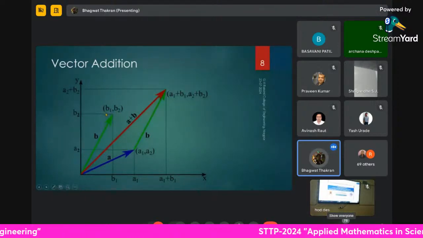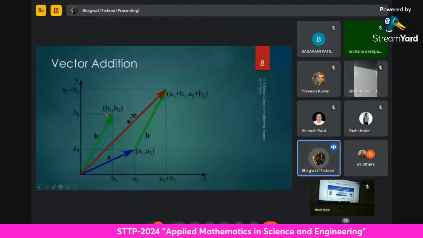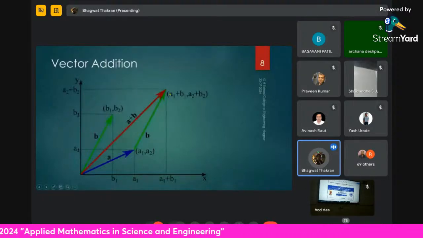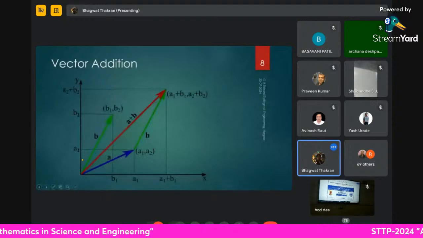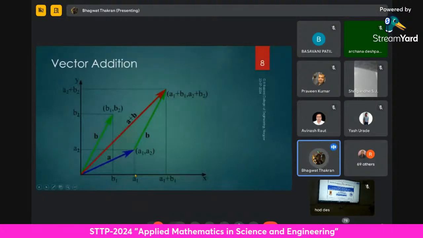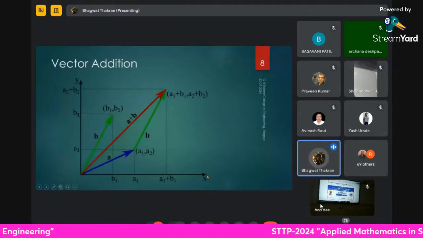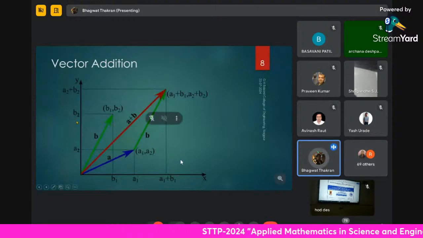In vector a1, a2, a1 is the component on the x-axis and a2 is the component on the y-axis. Similarly, in vector b1, b2, b1 is the component on x and b2 is the component on y.